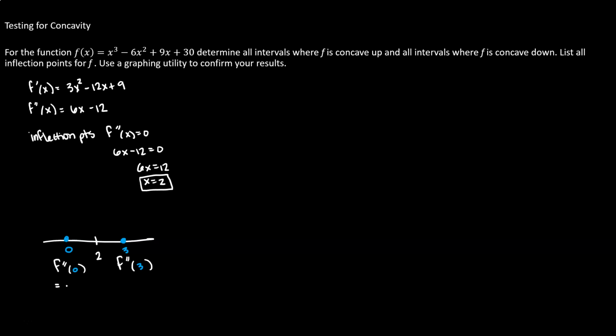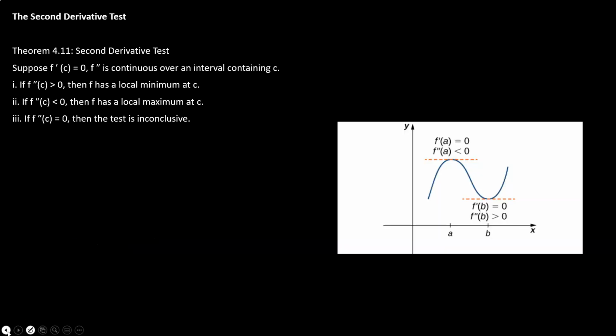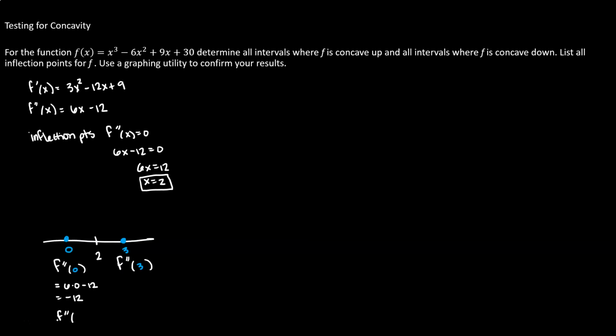Plugging 0 into our second derivative, we get 6 times 0 minus 12, or negative 12. Therefore, the second derivative at 0 is negative, which means we are in the case with concave down.